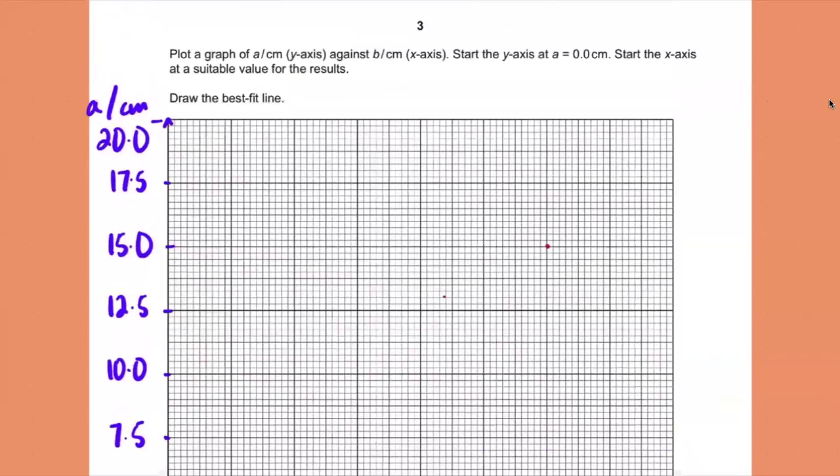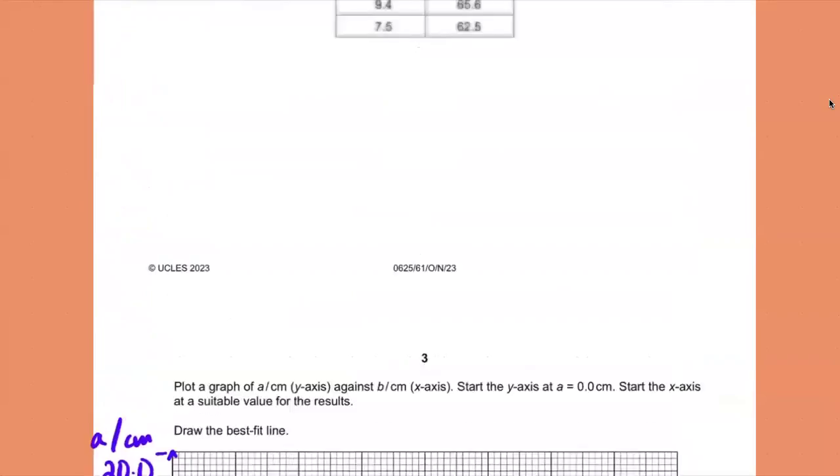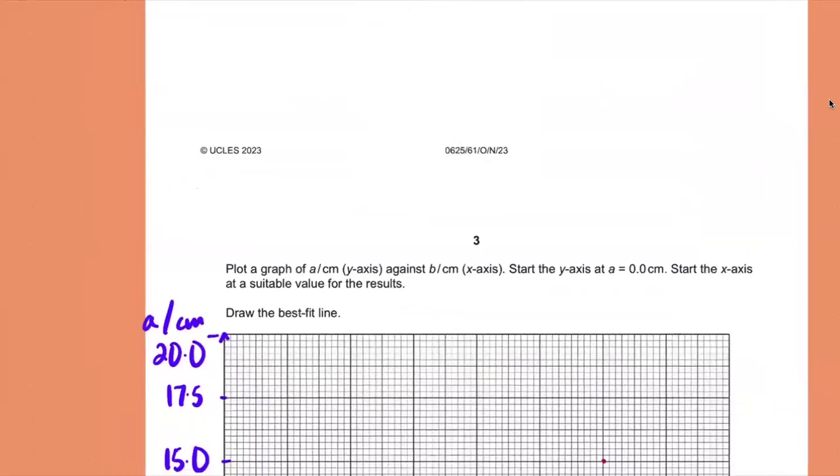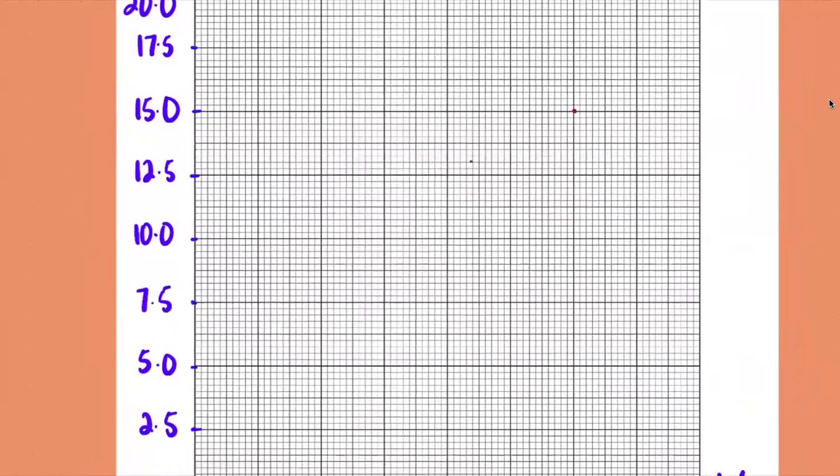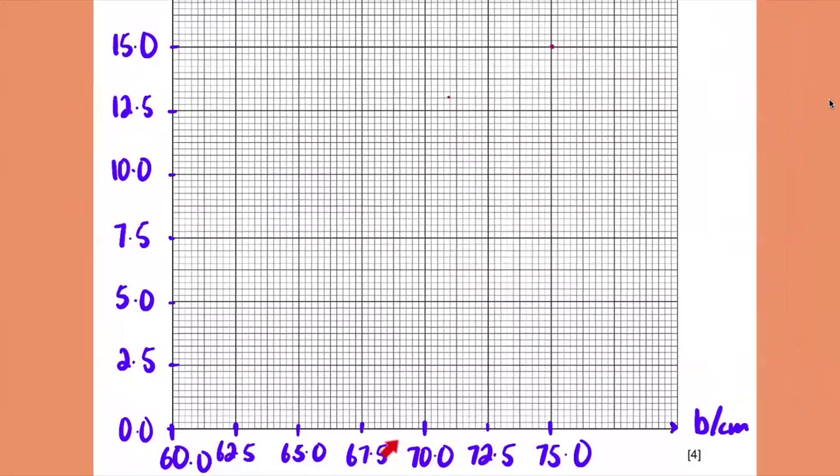All right. Next we have 11.3 and 68.8. So for 68.8, this would be 68, and then this would be 68.5, and then 69, 69.5 and 70, right?